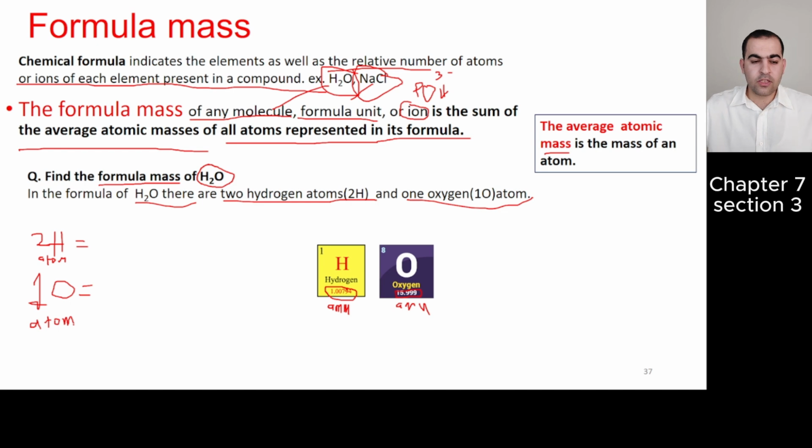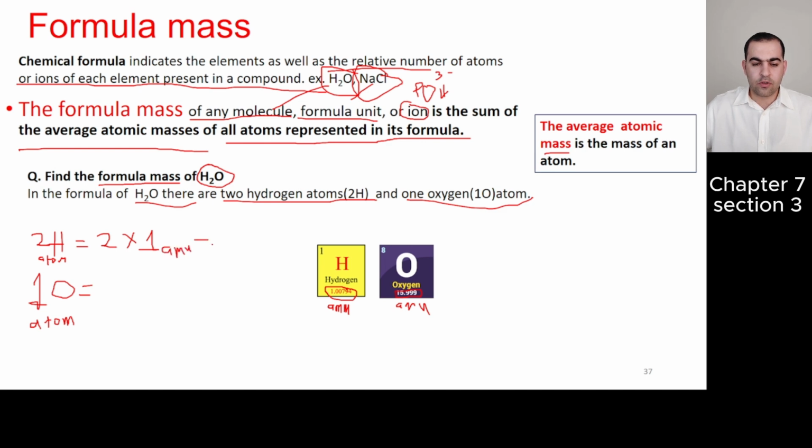The mass of 2 hydrogen atoms equals 2 times the atomic mass. When you say atomic mass of hydrogen, it means the mass of 1 hydrogen atom. The mass of 1 hydrogen atom is, we can say, just 1 AMU.